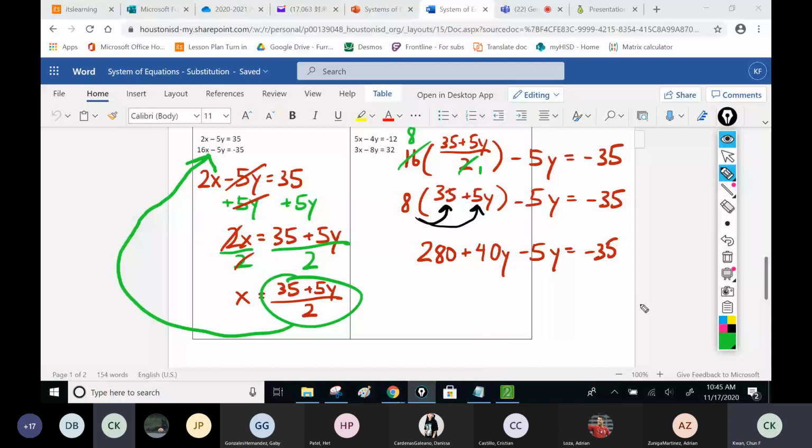Now we will combine the like terms right here. The 40y and the minus 5y, I will combine them into plus 35y.